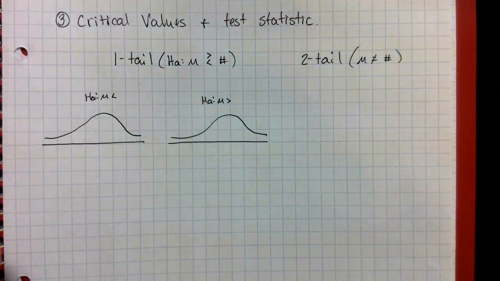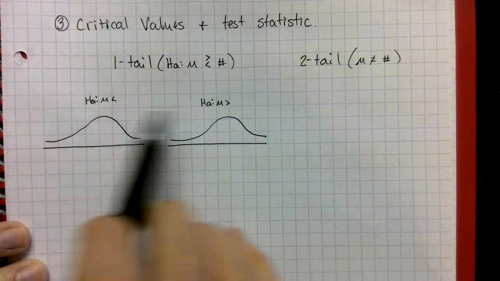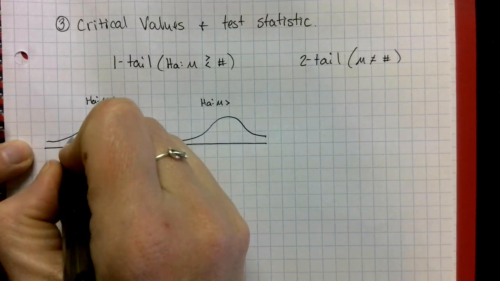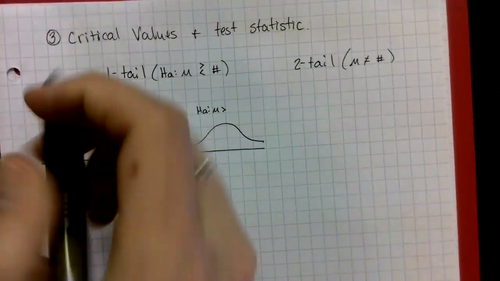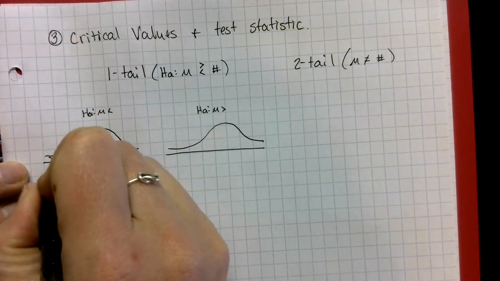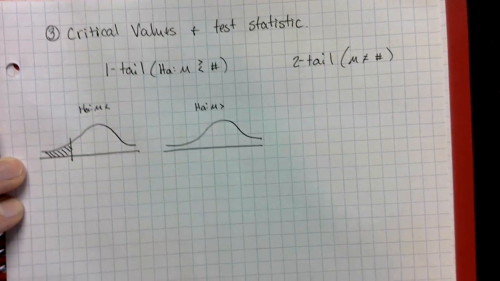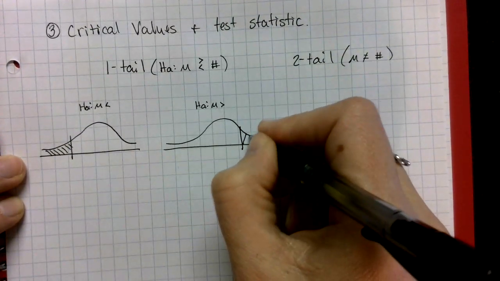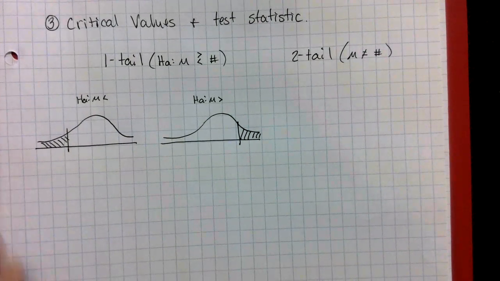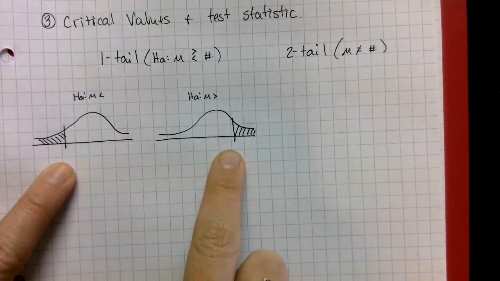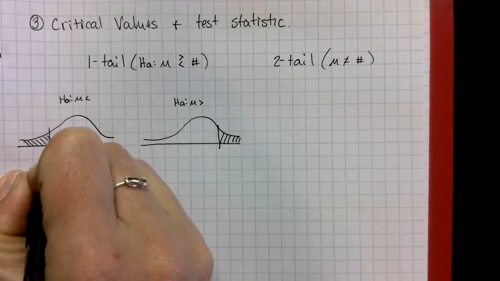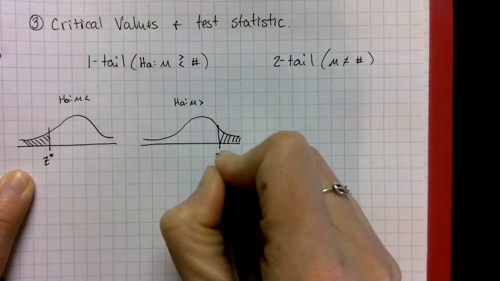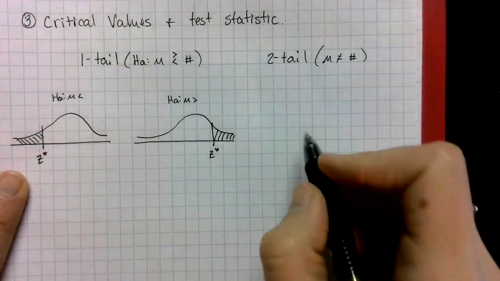We call this a one tail because less than implies that we are looking to the left side of our curve, and greater than implies that we are looking to the right side of our curve. These lines that I drew are your critical values. I'm just going to put Z critical; it could be T critical, depending on what type of test.